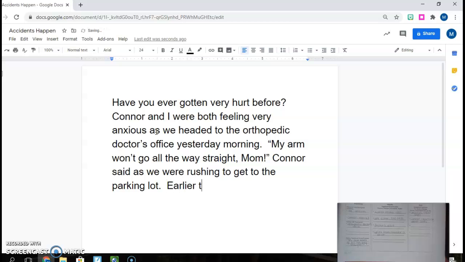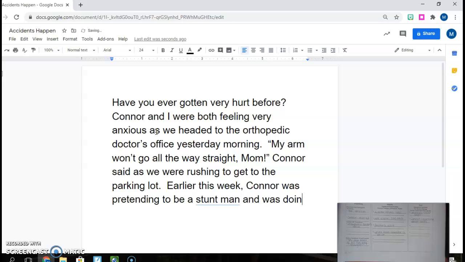Earlier this week, now I'm moving on to my middle. So I've got my hint to the significant event and all of my beginning, so now I'm moving to the middle. Earlier this week, Connor was pretending to be a stunt man and was doing tricks on his scooter.